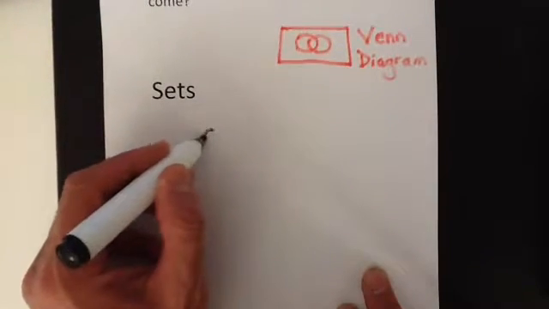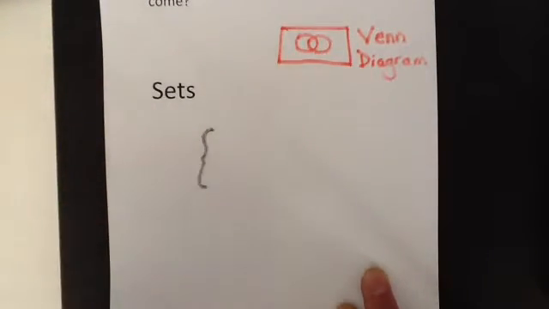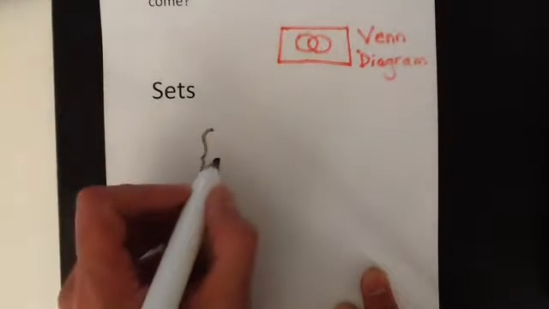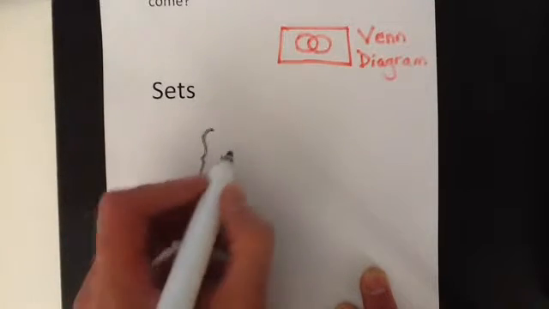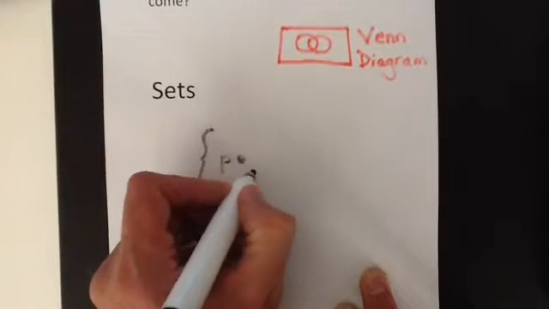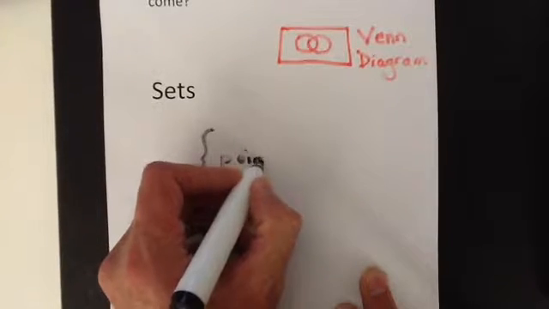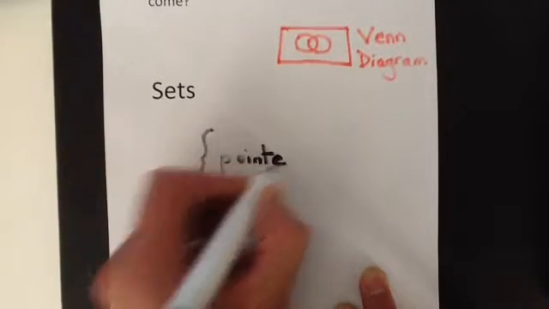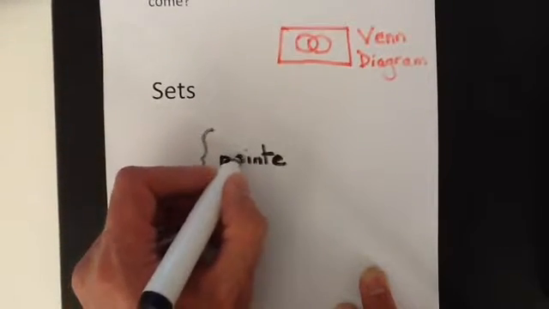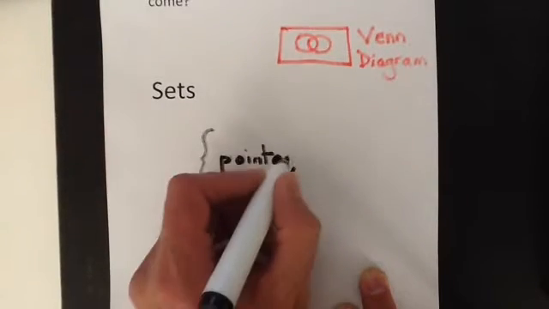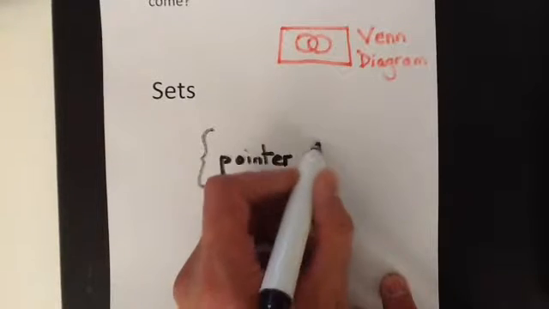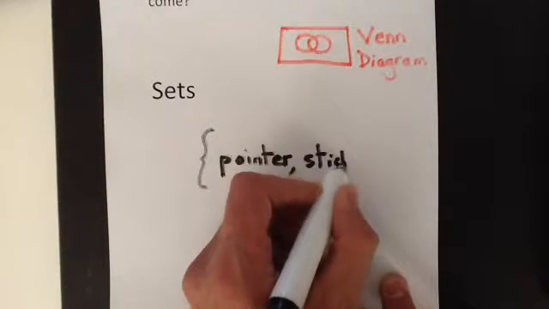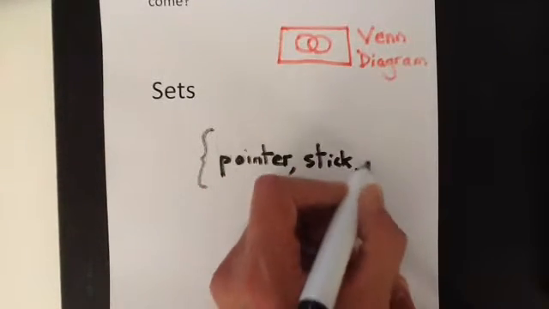We use curly brackets for a set of objects, and I had a pointer, a stick and an eraser.